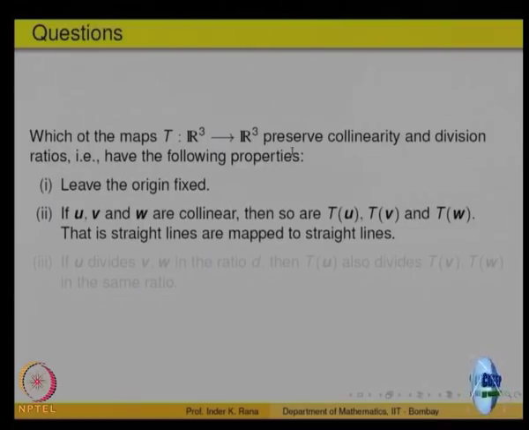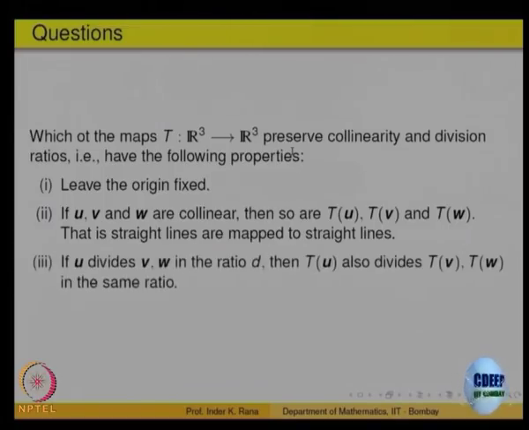So, origin remains fixed in some of this, right. In translation, origin does not remain fixed, but in rotation, reflection, scaling, all these things, origin remains fixed. And third, the proportionality is maintained, the division ratios are maintained.